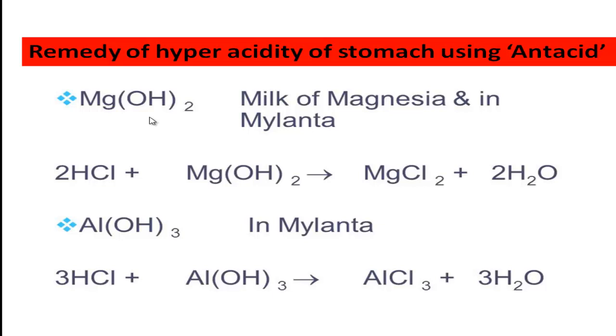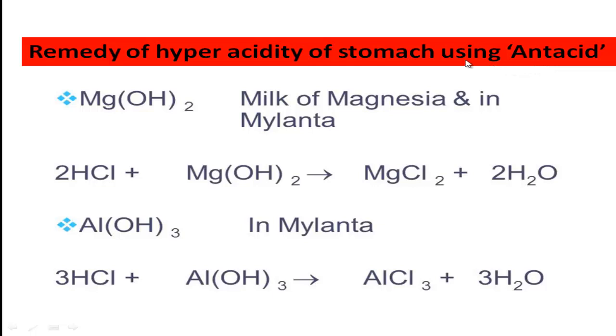Then we feel pain in our stomach, which is called an acidic problem of the stomach. In that case, how can we get a remedy from this acidic problem? At that time we should take an antacid type medicine, isn't it?